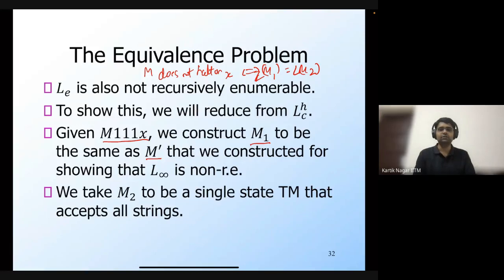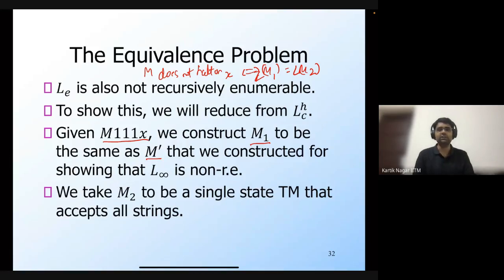So the language of M2 is always sigma star, and the language of M1 is sigma star if and only if M does not halt on X. If M does not halt on X, then the language of M1 is sigma star, which means it is equal to the language of M2. And if M does halt on X, then the language of M1 is definitely not sigma star, so it's definitely not going to be equal to the language of M2. So that's it.